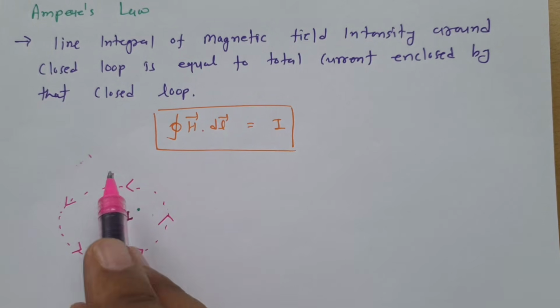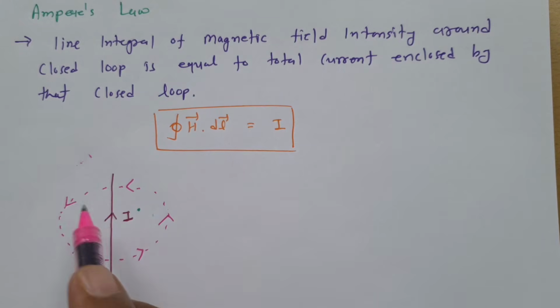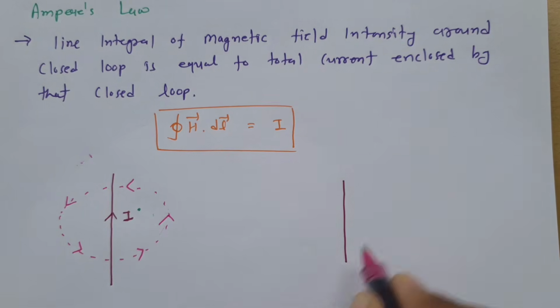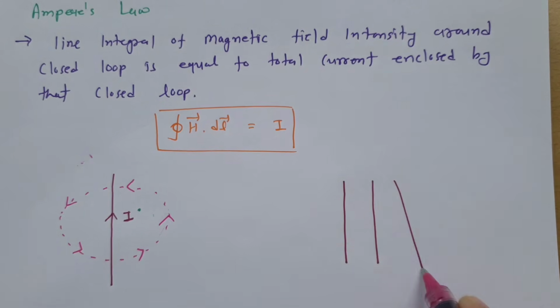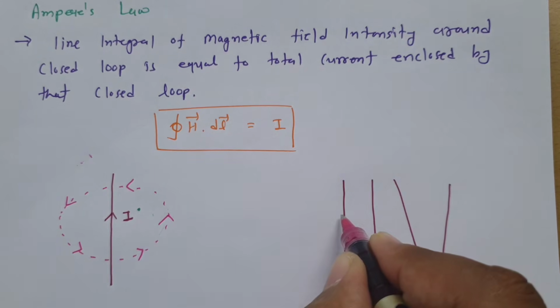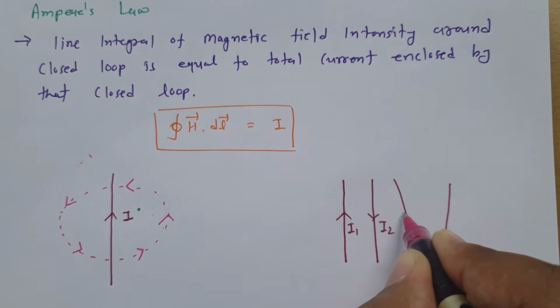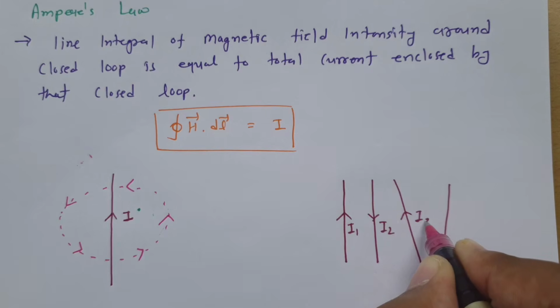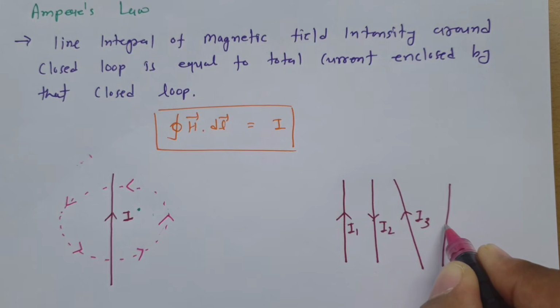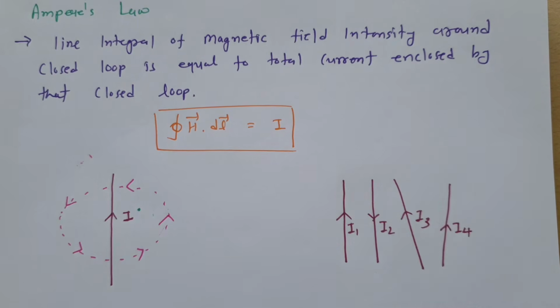For a single wire, it is very easy to understand the line integration of the magnetic field intensity around this loop. But what if you are given multiple wires? I'll give you multiple wires now, with current I1 in this direction, I2, I3 and I4 in these directions. Because of these wires, there will be a magnetic field.